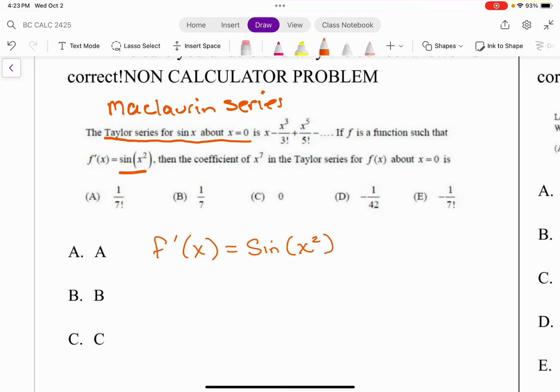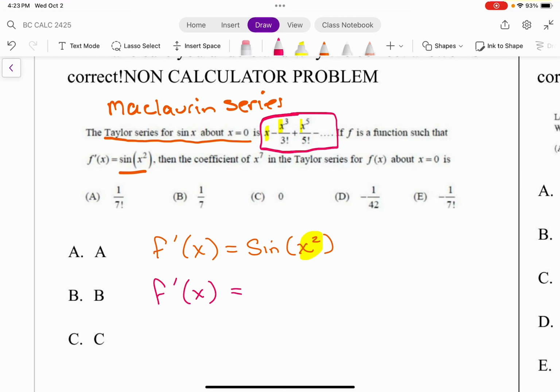And so since sine of x has this representation for its Taylor series centered at x equals 0, then I can write this. I'm gonna write the Taylor series for sine of x squared, except for sine of x, I'm gonna put an x squared in all these locations. And so that'll look like this.